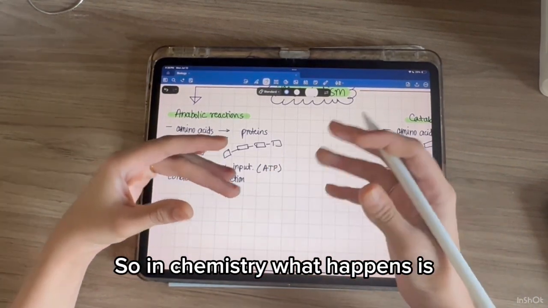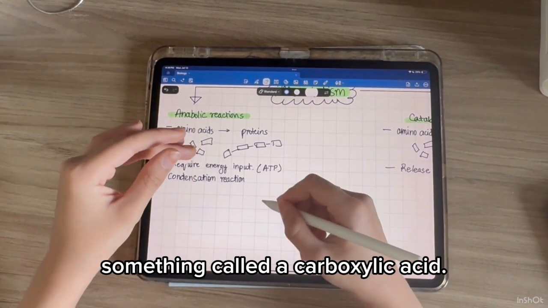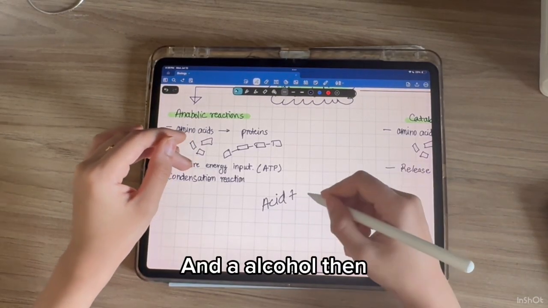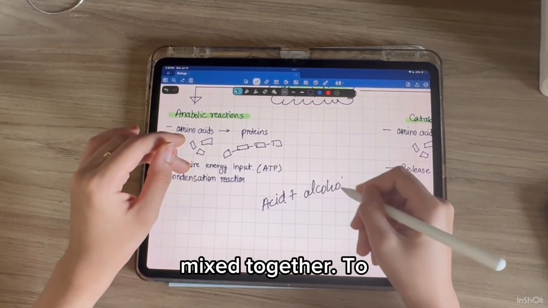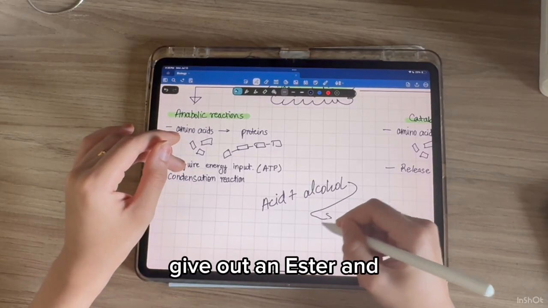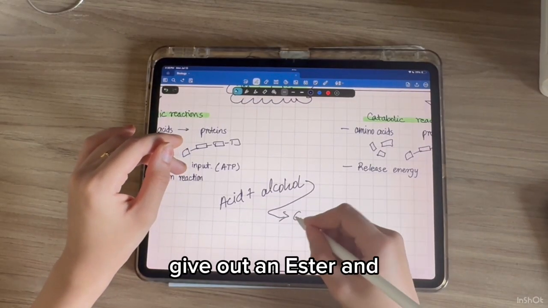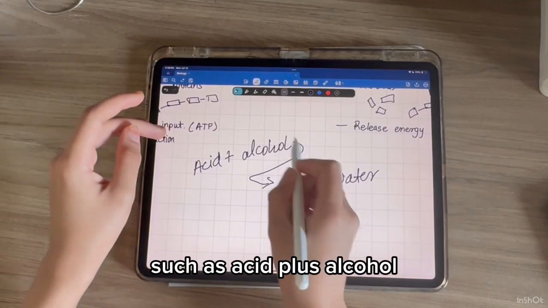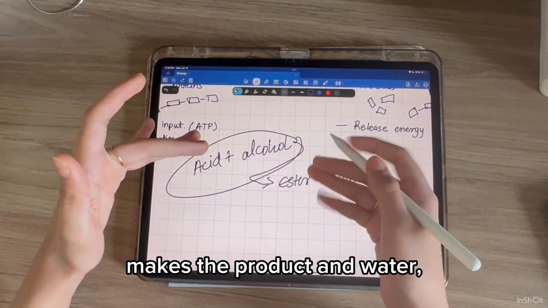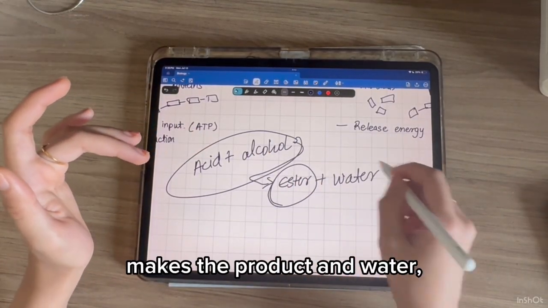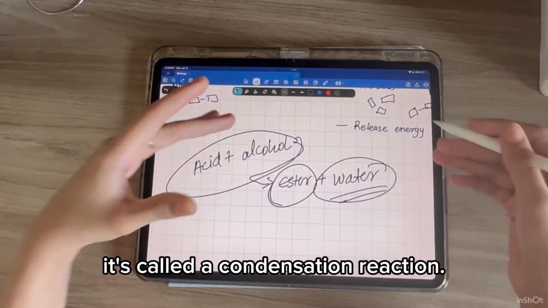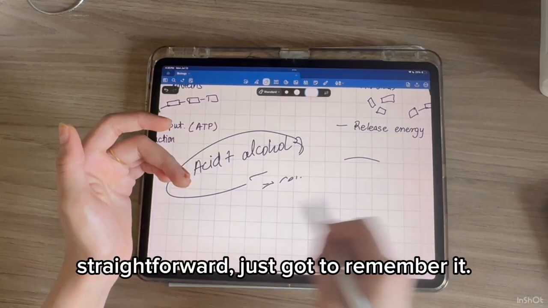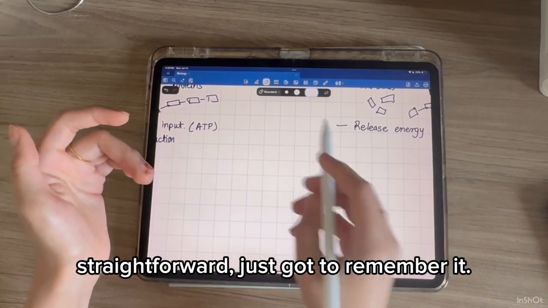So in chemistry, a carboxylic acid and an alcohol mix together to give an ester and water. So when a reaction such as acid plus alcohol makes a product and water, it's called a condensation reaction. Okay, pretty easy, very straightforward, just gotta remember.